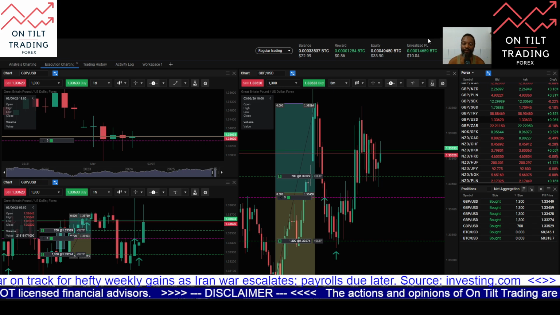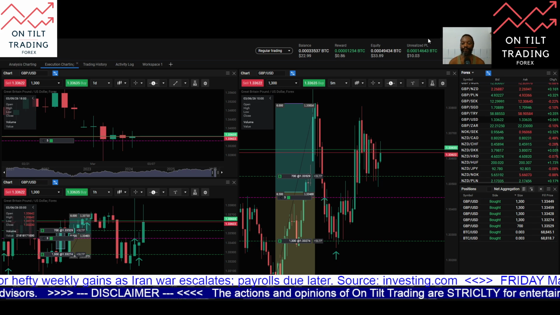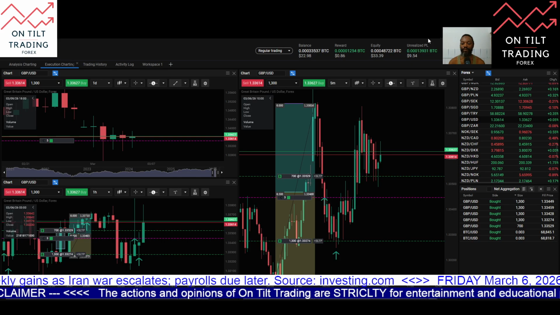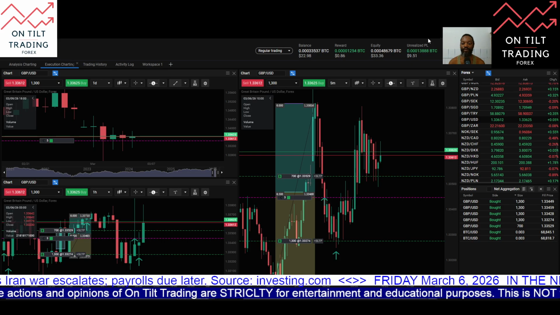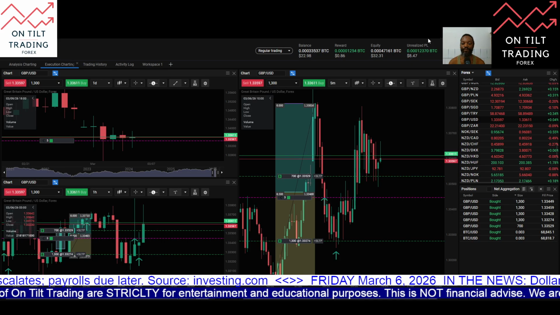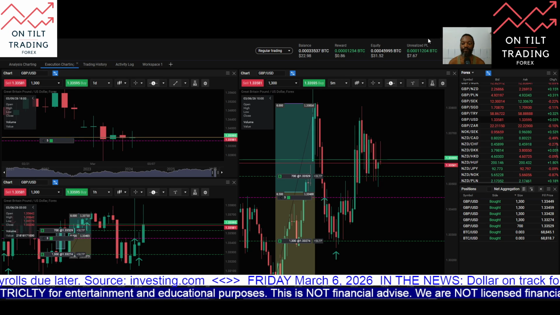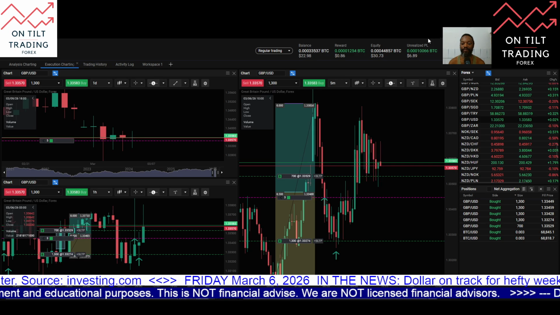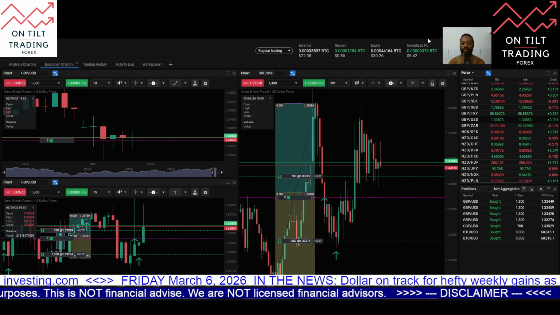Price pulling back after sweeping that buy side liquidity. 133,620, 133,600, 133,560.